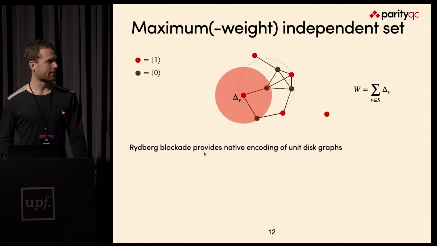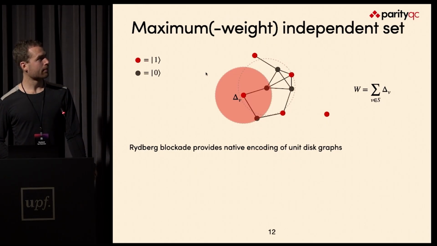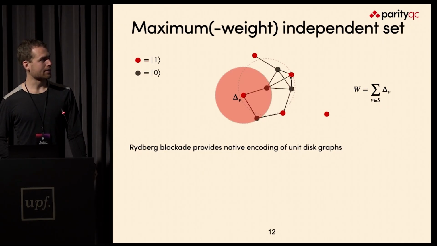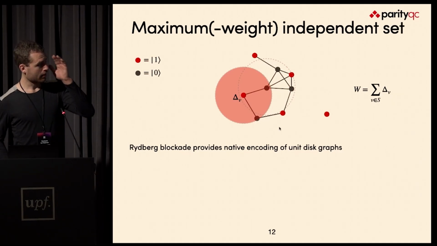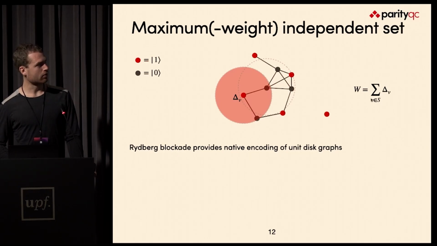Then you can natively encode this on a Rydberg platform. And so again, this maximum independent set is a set of nodes which has no connections and the maximum weight. And then the weighted version is that each node has some weight to it, and then you want to find the maximum of this sum of the nodes.